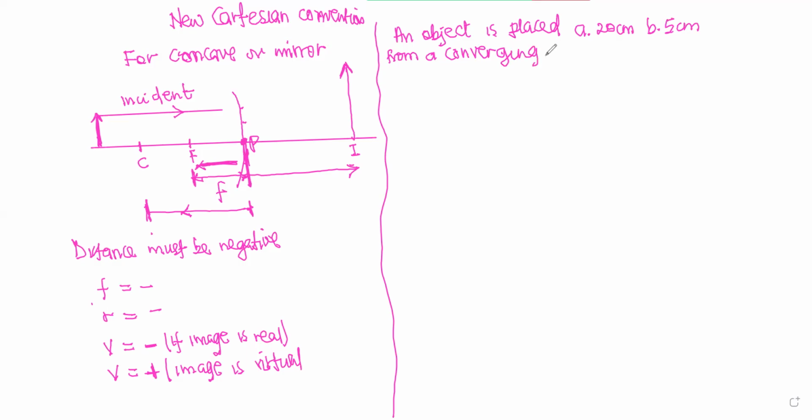Oh, okay, let's make it a mirror, a converging mirror of focal length 15 centimeter. Find the nature, position, and magnification of the image in each case.